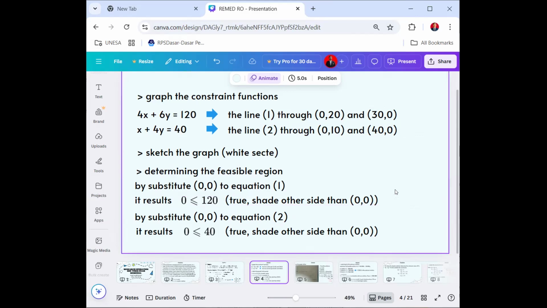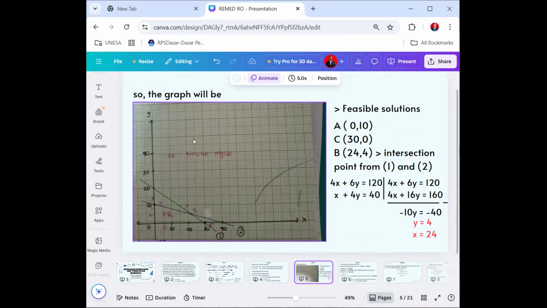So the feasible region will not be there. And by substituting 0,0 into equation 2, it also results in 0 less than 40, and it is true, and we do the same as equation 1. So the graph will be like this.